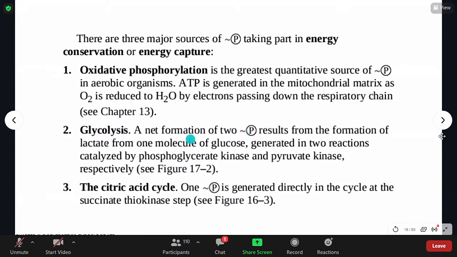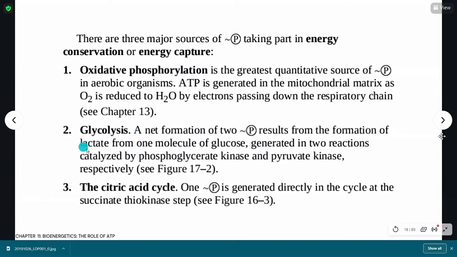So this one is anaerobic because the end product is lactic acid. Okay. And the third is citric acid cycle or Krebs cycle or tricarboxylic acid cycle.